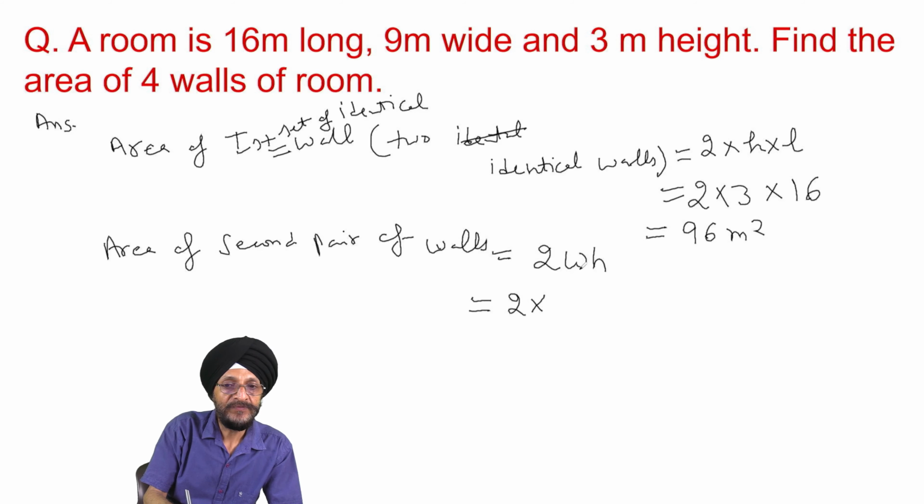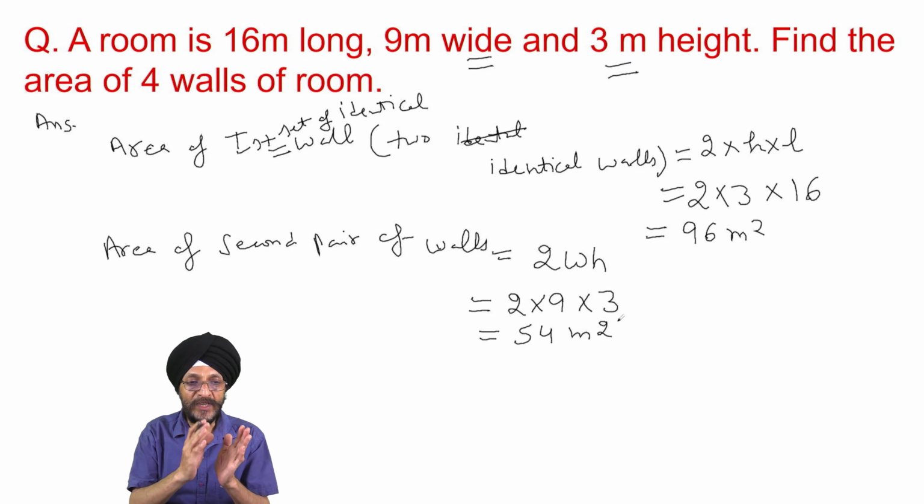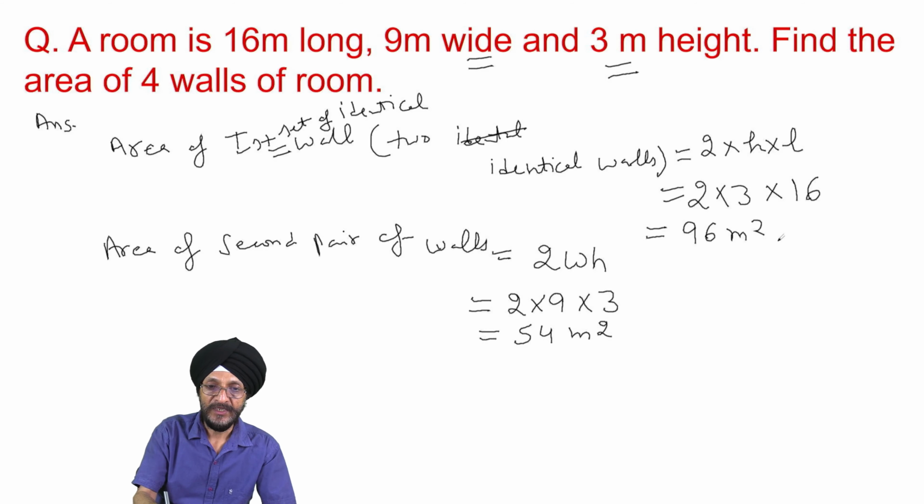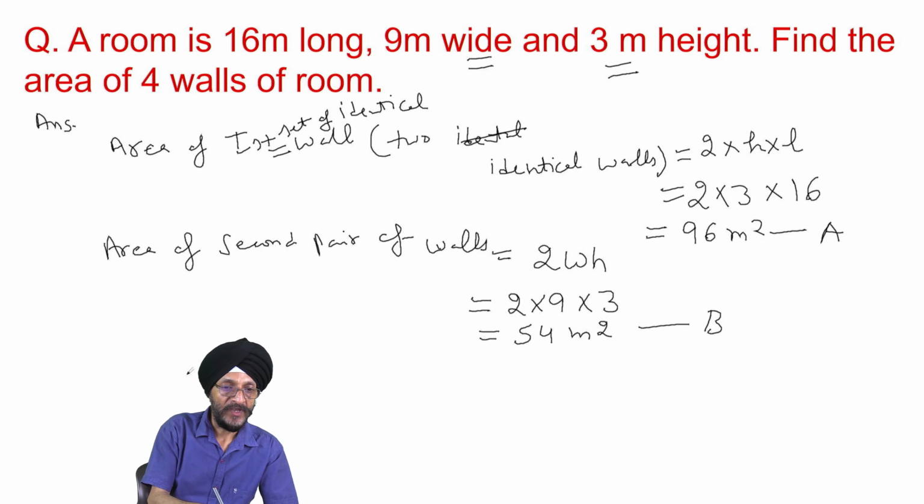What is the width? Width given is 9. What is the height? This is 3. Now we have calculated the area of the first set of walls and also the second pair of walls. This is A and this is B.